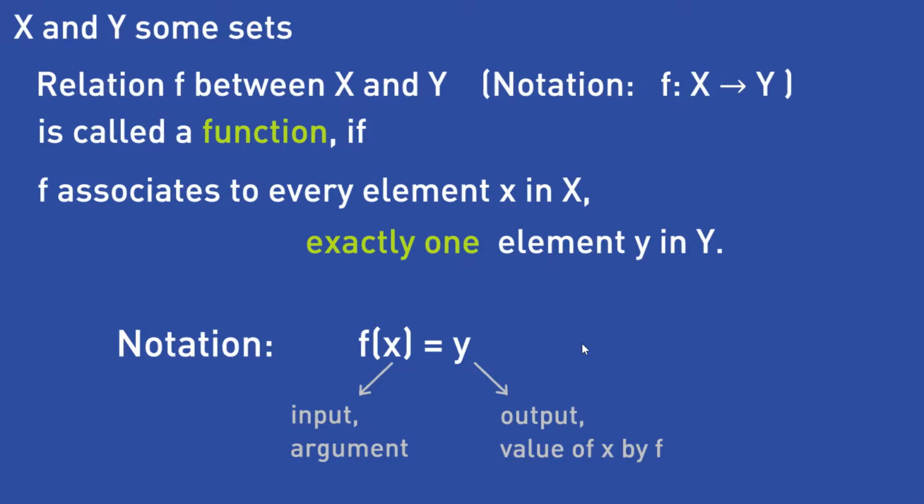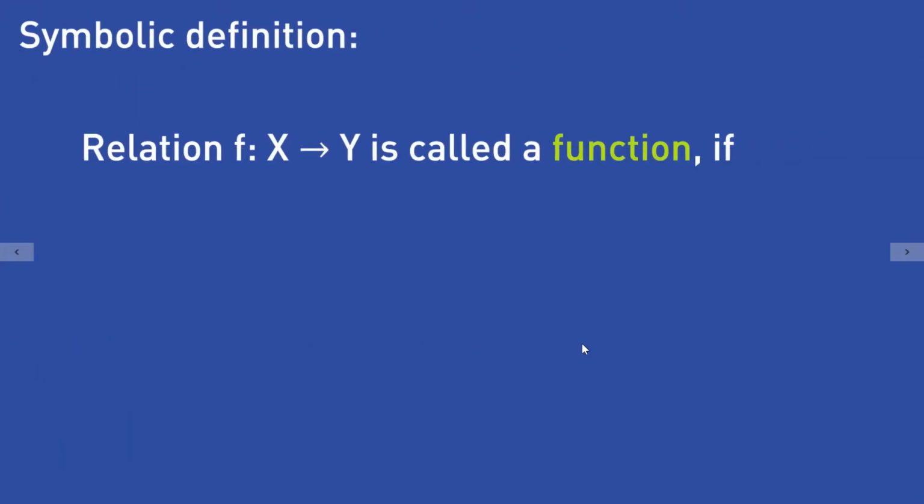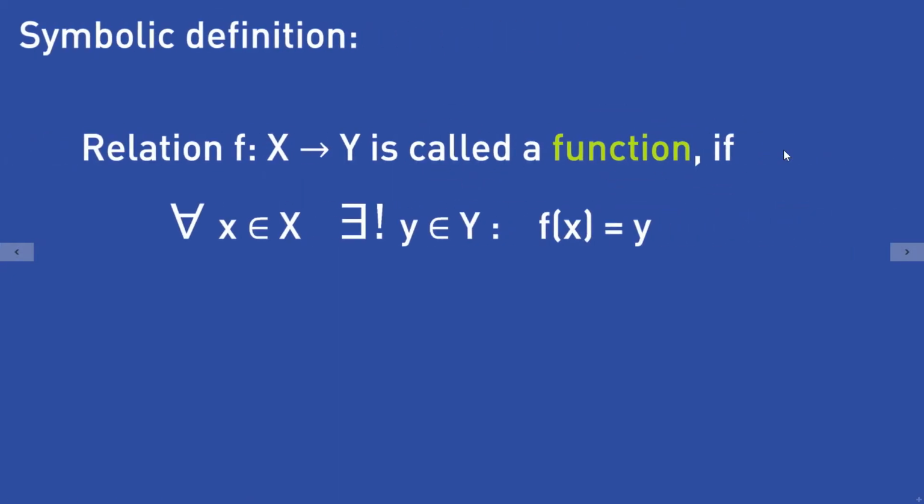You can also use symbols to write down this definition. A relation f between the sets X and Y is called a function if for every x in the set capital X there exists exactly one element y in the set capital Y, so that x is associated to y by the relation f.